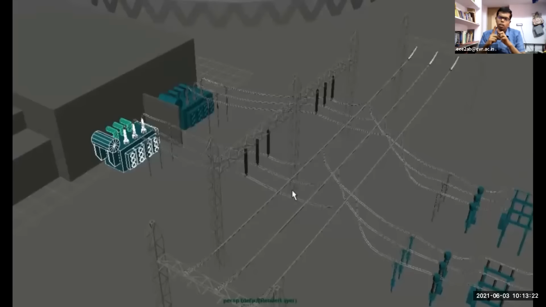A small, sharp wire. Whatever lightning happens in that particular tower or building, first it will go through that sharp point.